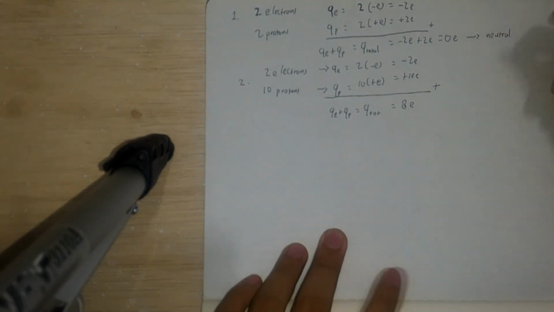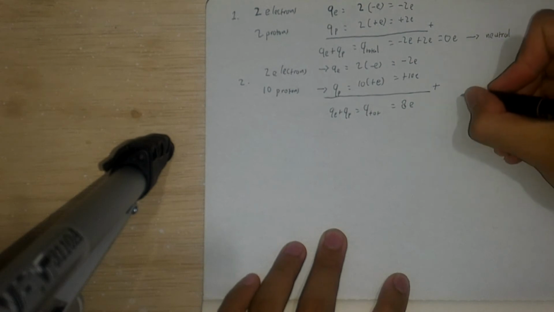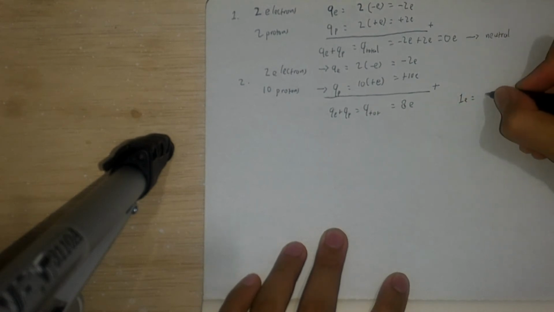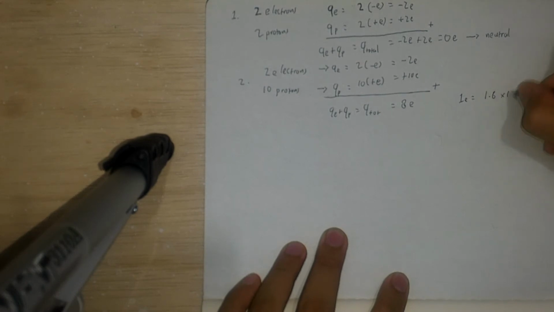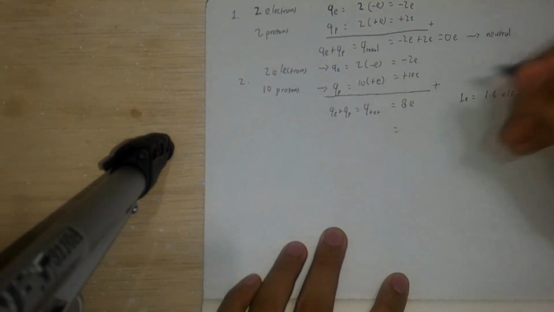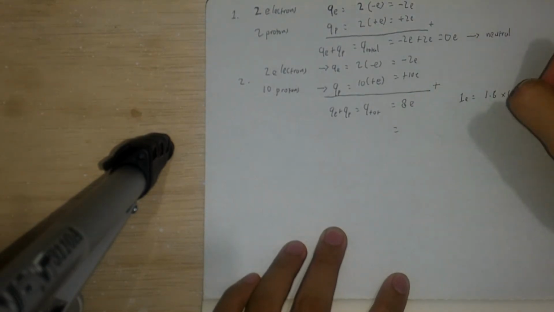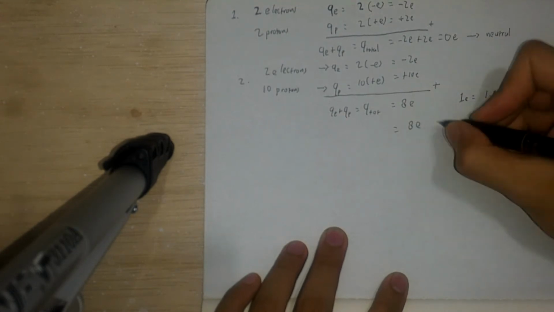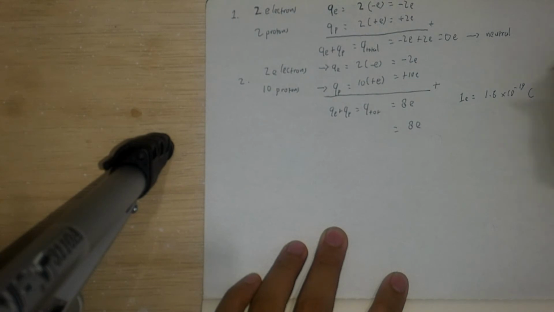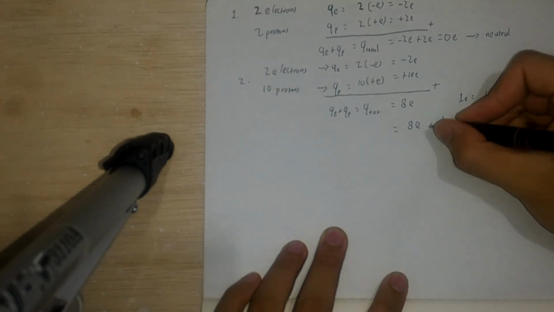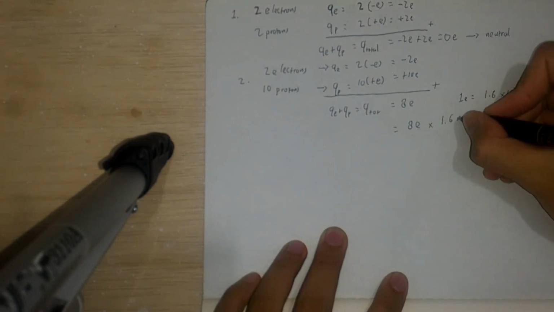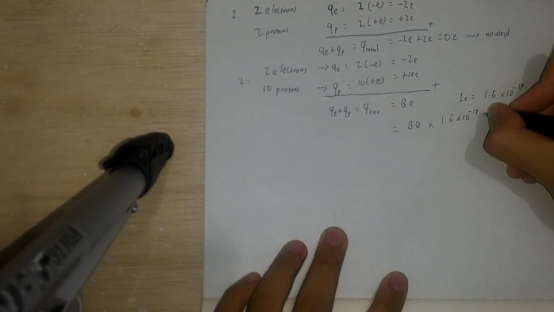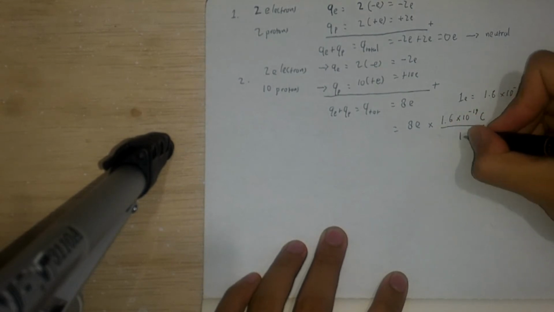So earlier we talked that 1e equals 1.6 times 10 to negative 19 coulomb. So if we want to convert this into coulomb, what we're gonna do is multiply this by a conversion factor, which is 1.6 times 10 to negative 19 coulomb over 1e.